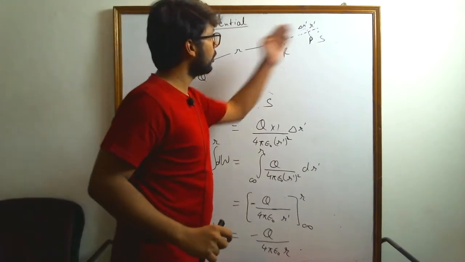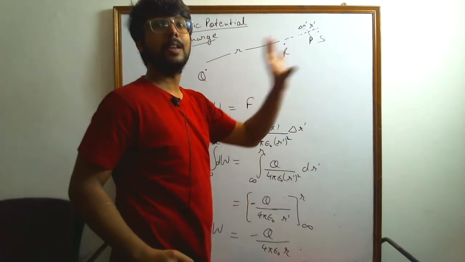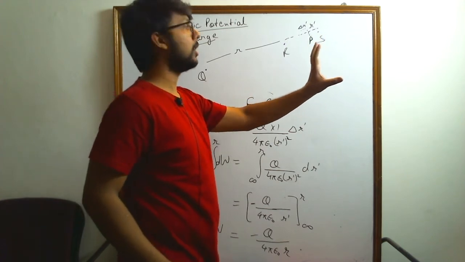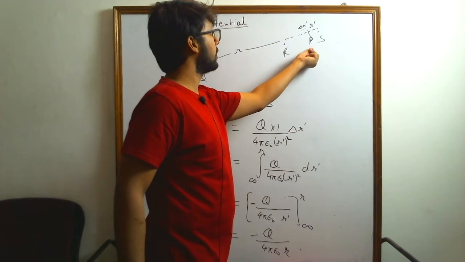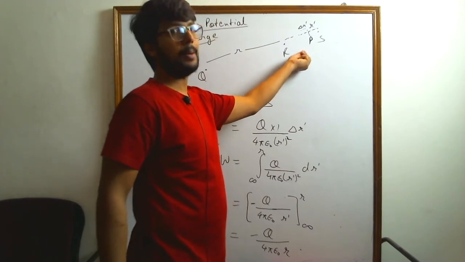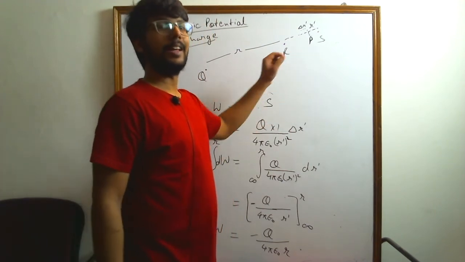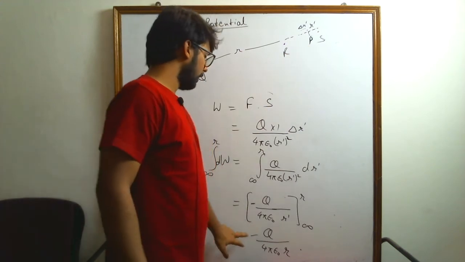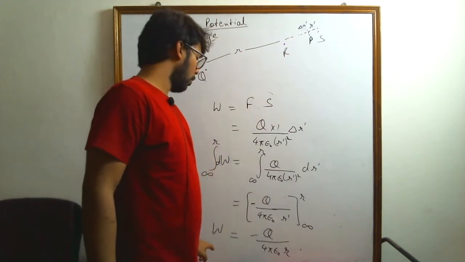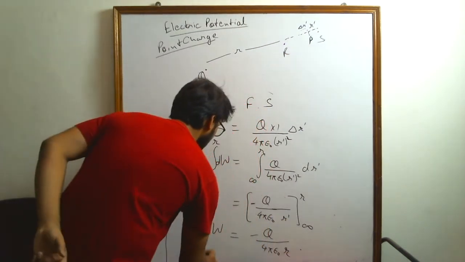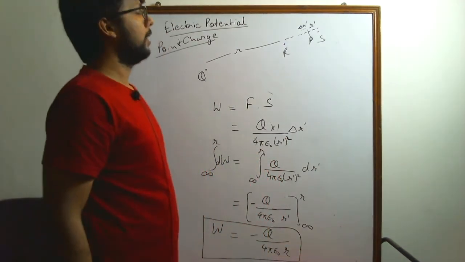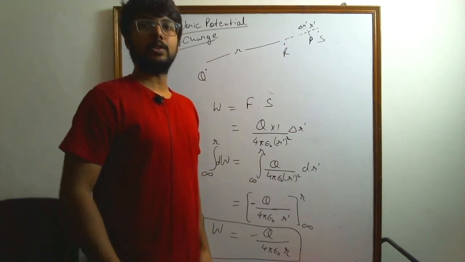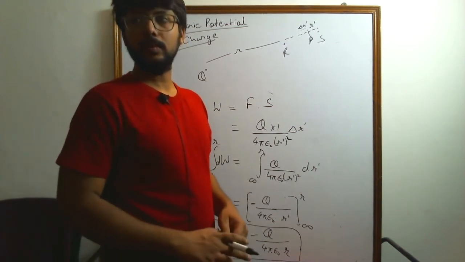The electric force is that side because it is pushing the charge away. But my del S, which is the displacement, is happening in the opposite side, and that's why the negative sign comes in. Okay, so this is extremely important to understand, and this is the potential by a single point charge.